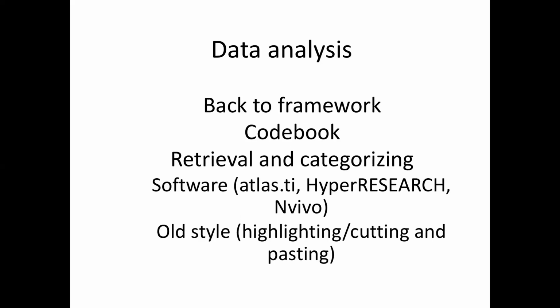The old-fashioned way to do the kinds of coding that retrieval and categorizing software lets you do is to just use highlighting, cutting and pasting. You can use Excel, you can use Word. People used to use index cards. So there's different ways that you can mechanize or systematize the coding, but you'll need to make a decision about what that way is and be able to describe it in your write-up, which is the last part.